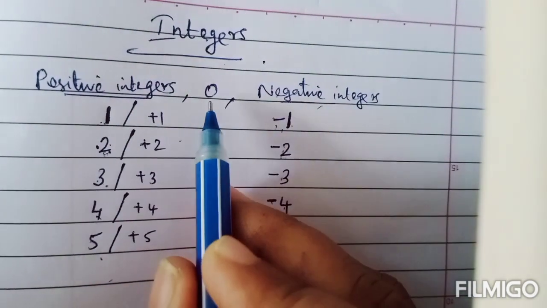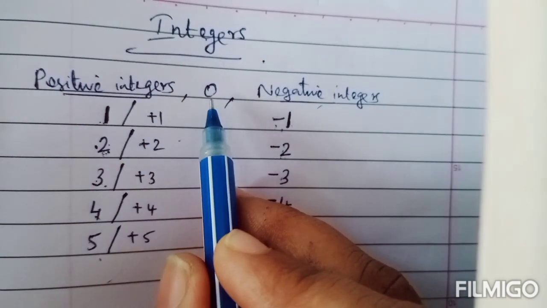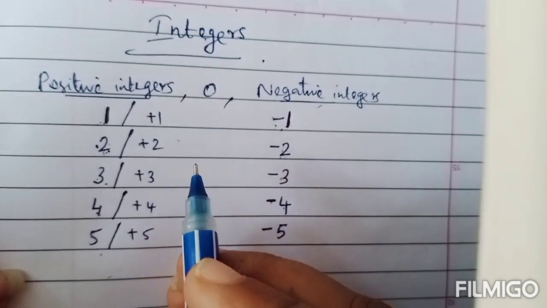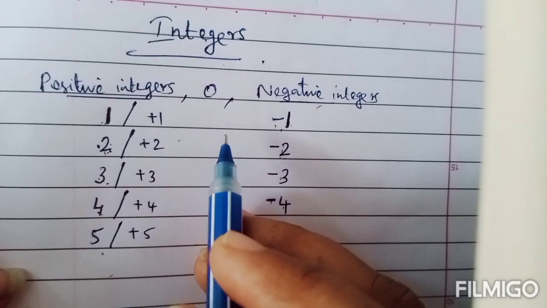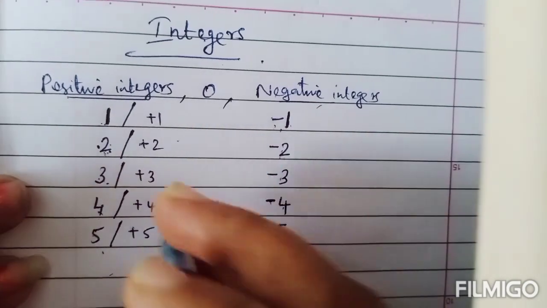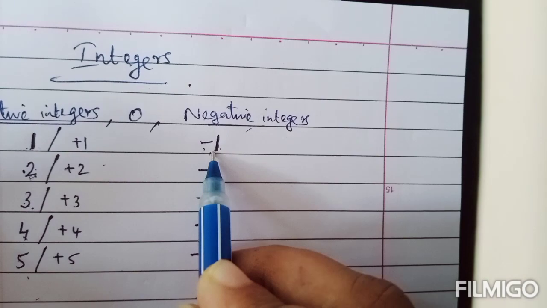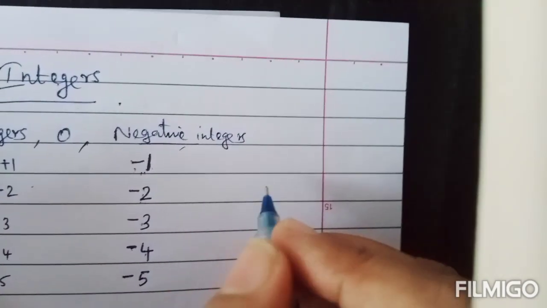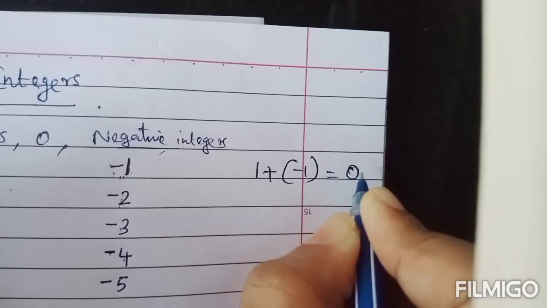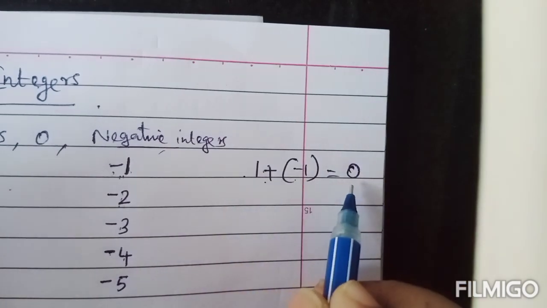Okay, 0 is neither positive nor negative. 0 is neutral. Now, I told you 1 and minus 1 are opposite of each other. So, on adding 1 and minus 1, you will get 0 as answer. 1 plus minus 1 is 0.